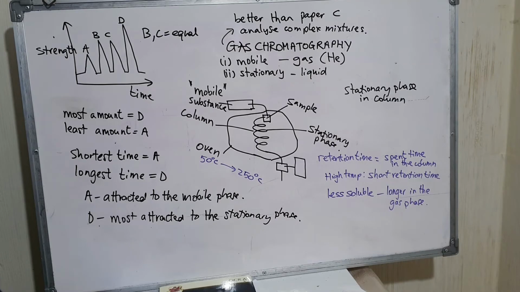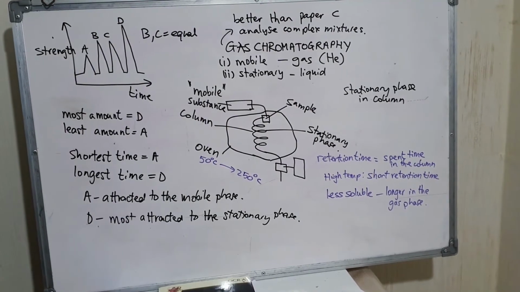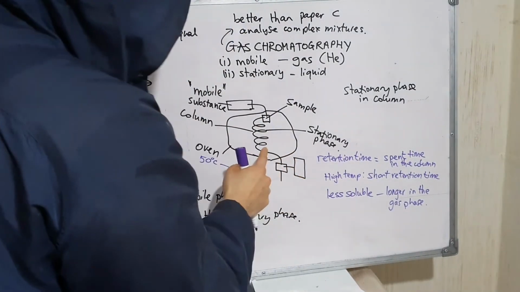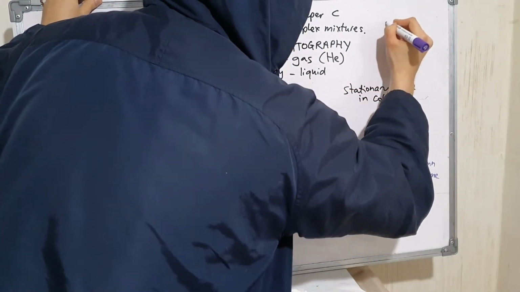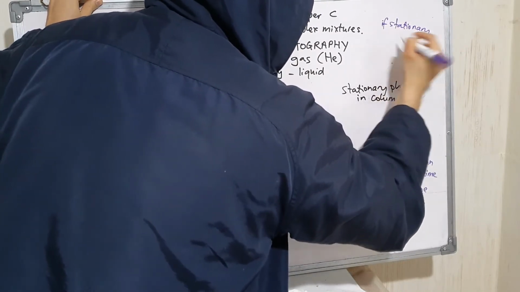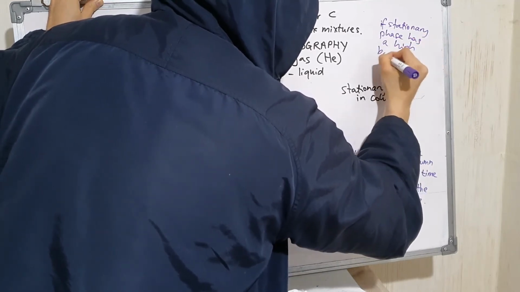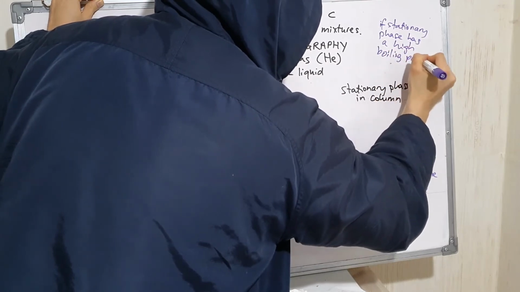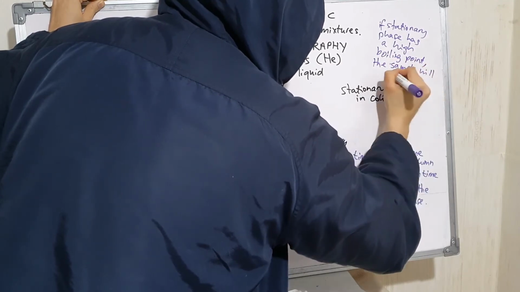Now, some molecules could evaporate. So that would mean that if the boiling point is quite... So for example, if the stationary phase has a high boiling point, the sample will condense.